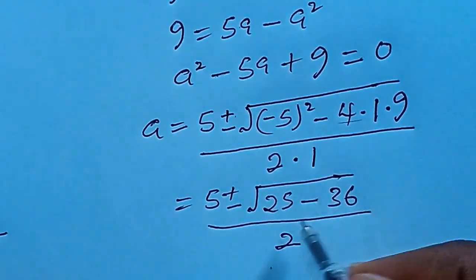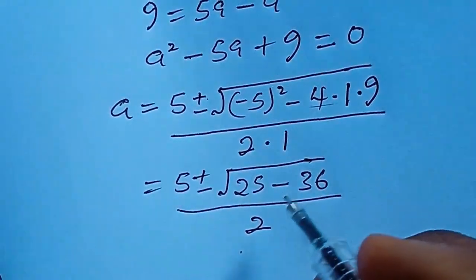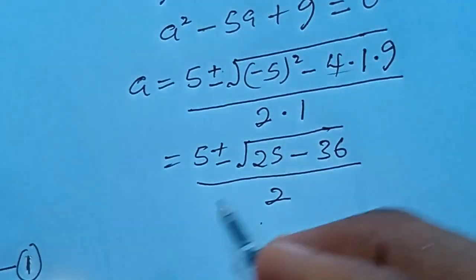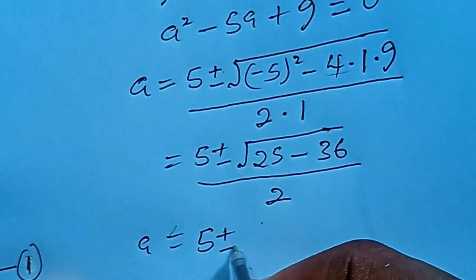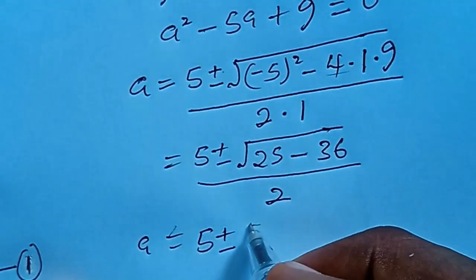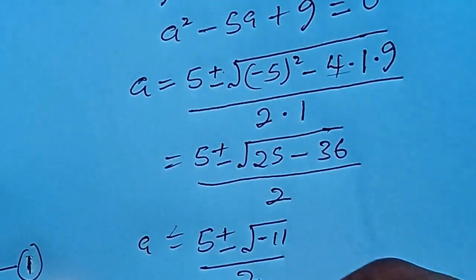We simplify the expression in the radical, so a will be equal to 5 plus or minus the square root of minus 11, over 2.